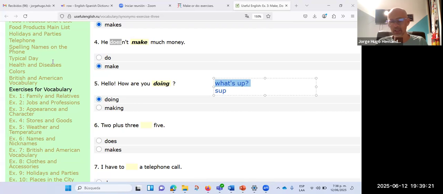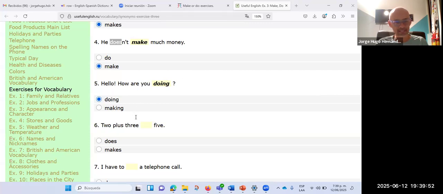The traditional one: hello, how are you? Fine, thank you, and you? But there are too many ways of saying that. And in real life, it's not very common to hear people greeting with how are you. They say, how are you doing? How do you do? What's up? How are things? There are different ways of greeting, okay?